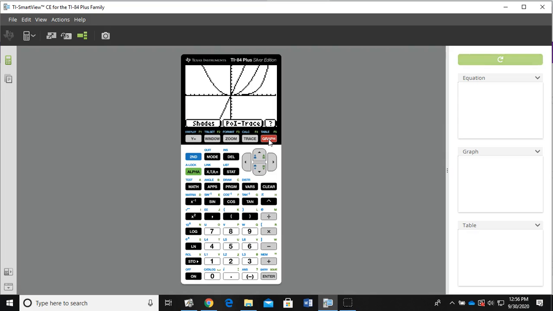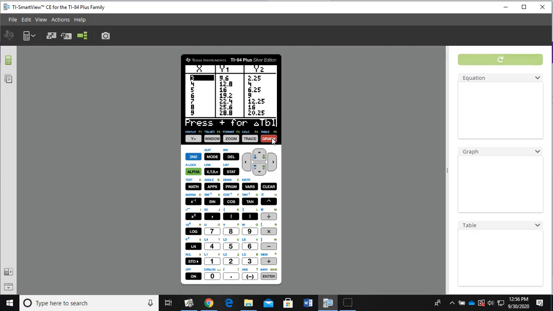Now, the question says, if the population continues, when will the population of city C exceed the population of the other 2 cities? Wouldn't it be nice if we could see all 3 tables up against each other? You can. You hit second and graph, and see how it says blue table up there?